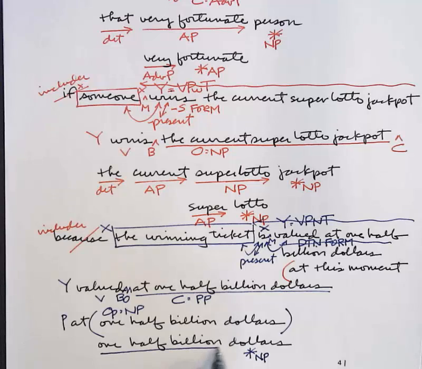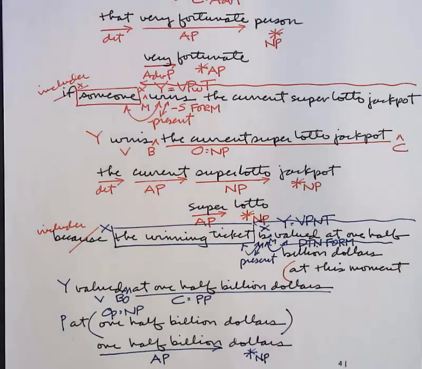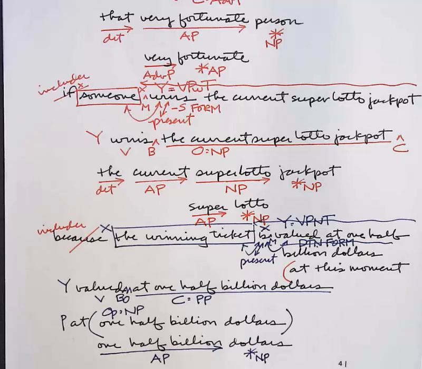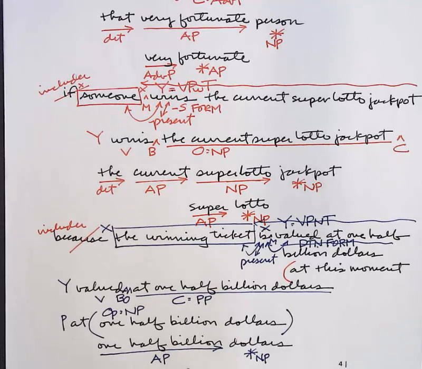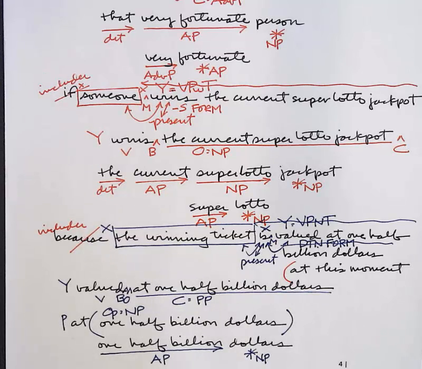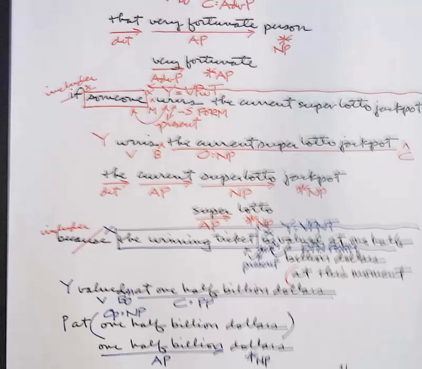Half a billion all works together as one modifier. It's an adjective phrase. It's a number. And let's rewrite that. We'll make billion our adjective phrase head, and half modifies the billion.